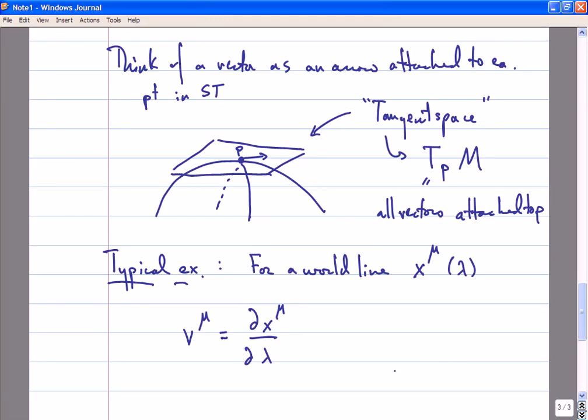Well, if you have some world line going through space here, then V mu, which is dx mu by d lambda, is nothing more or less than the vector which is tangent to the world line. So this is referred to as the tangent vector to the world line x mu of lambda.